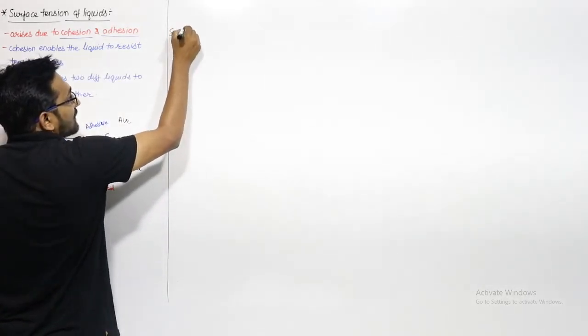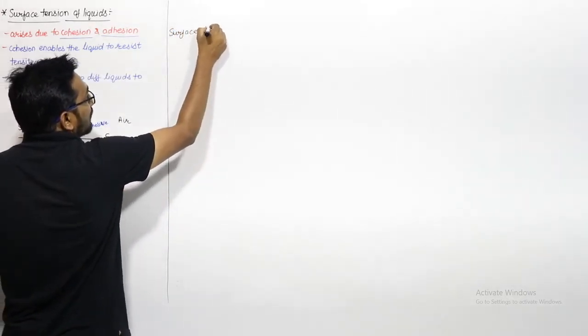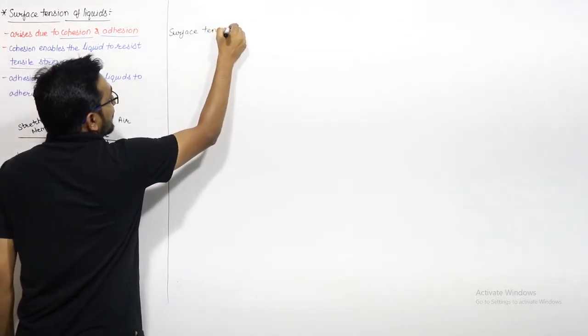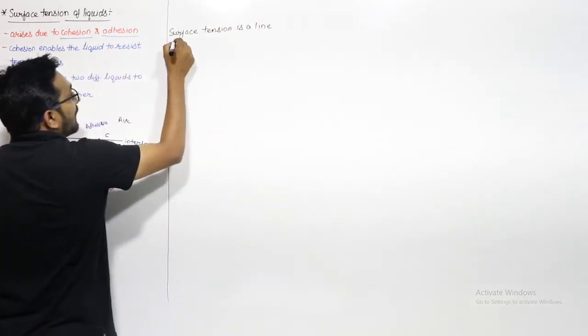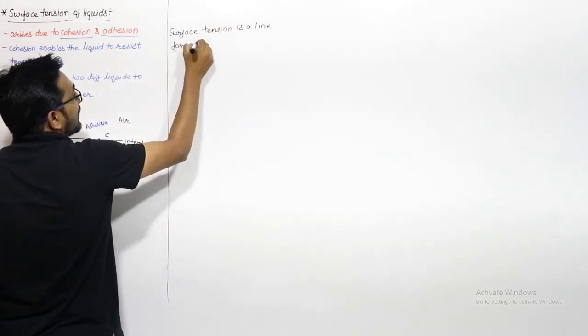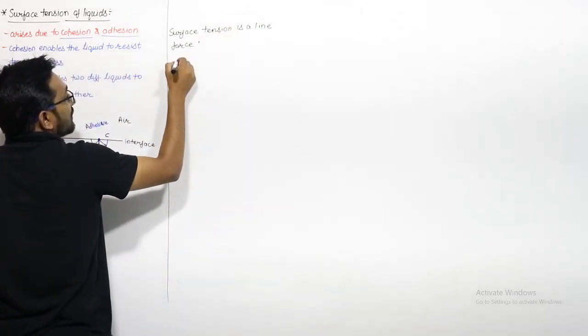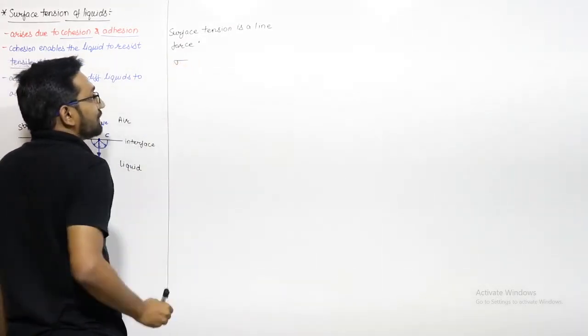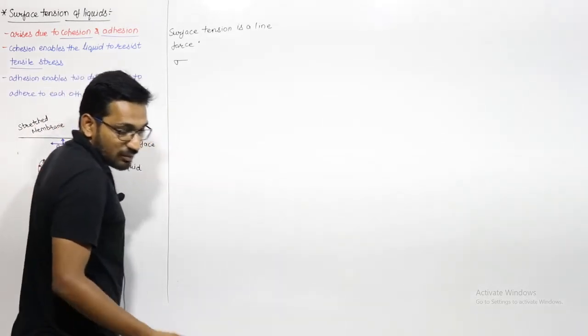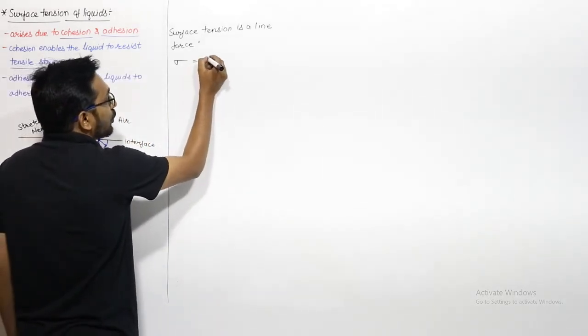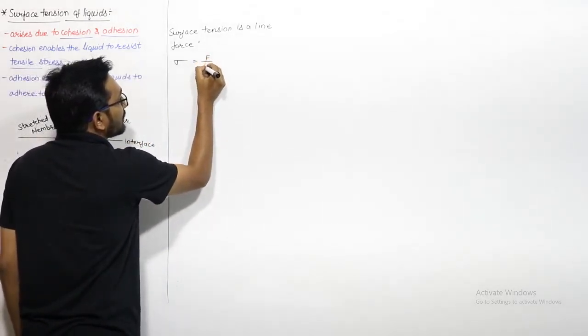Mathematically, surface tension is represented with the letter sigma, which is equal to force per unit length.